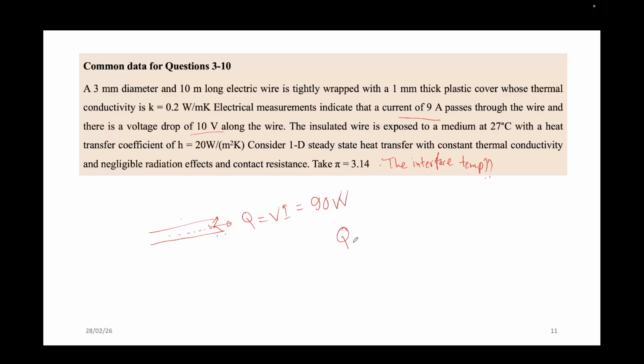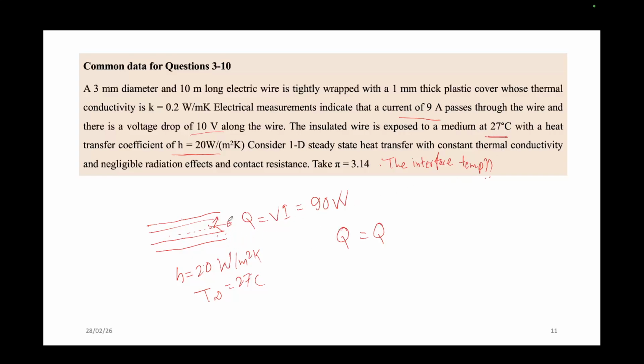It is also given that there is an insulating layer over this wire, and a heat transfer coefficient is given. So H is given as 20 and T infinity is given as 27. That thing I have already discussed, right?